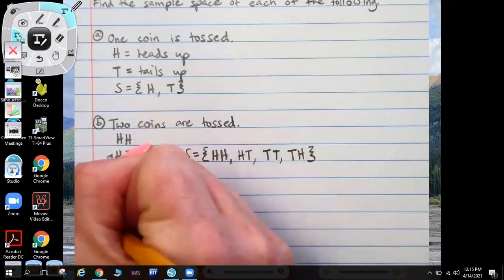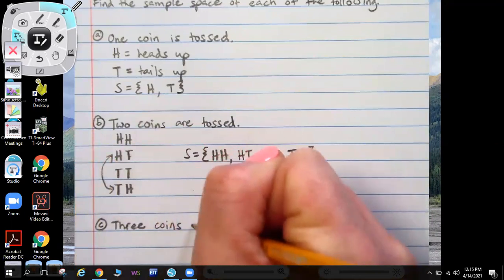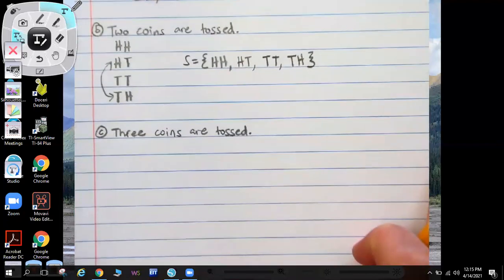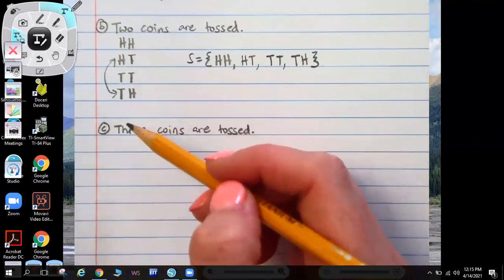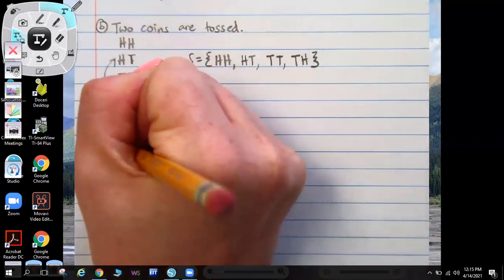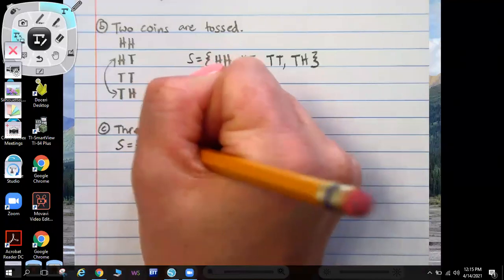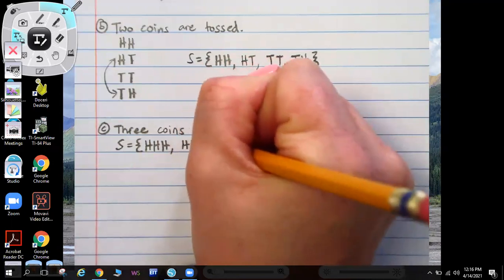Guess what part C is going to be? 3 coins are tossed. Okay, so rather than list all of our possible outcomes twice, let's just go ahead and list them within our sample space list. Okay, 3 coins are tossed. All 3 could land on heads. We could have the first 2 land on heads and the last one land on tails.